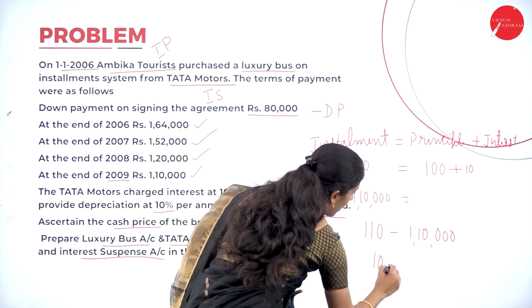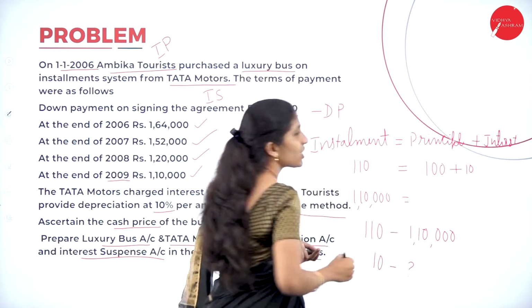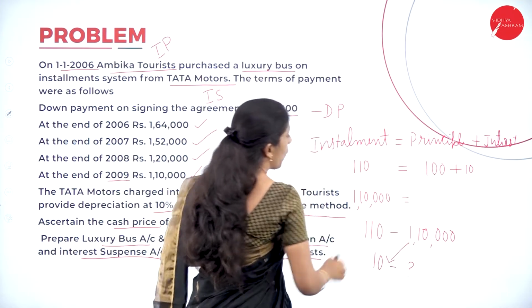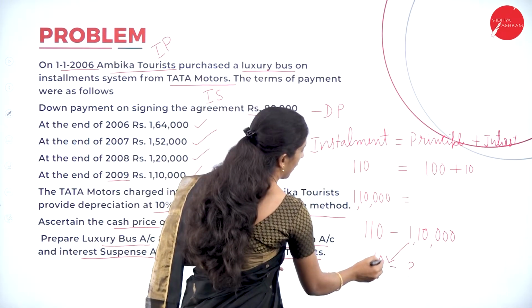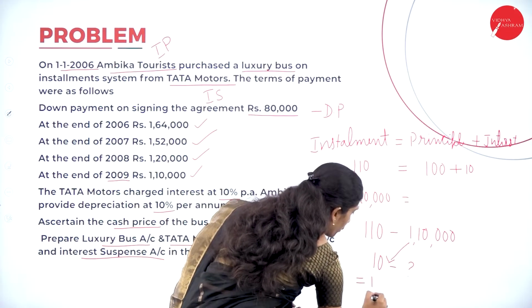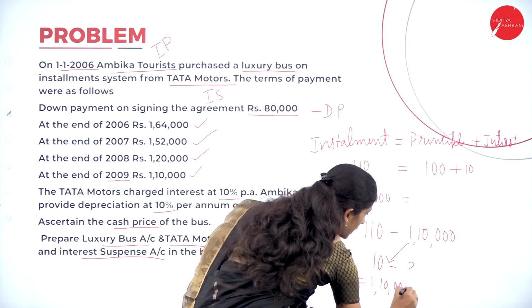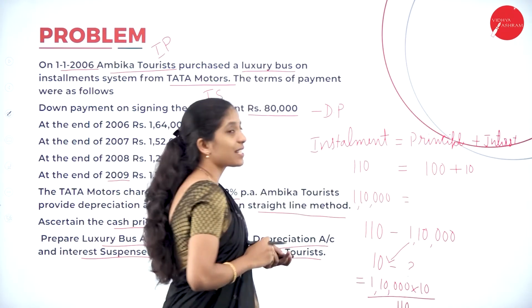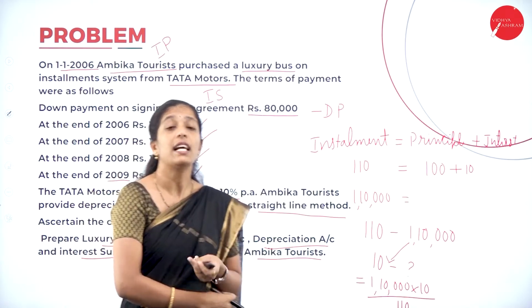For 10%, how much? Cross multiply: 1,10,000 into 10 divided by 110. This is how we are going to calculate the interest.